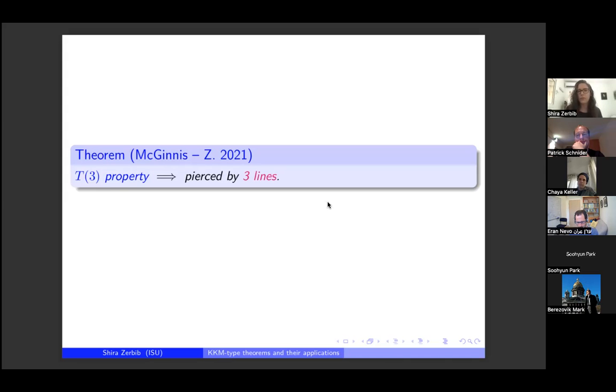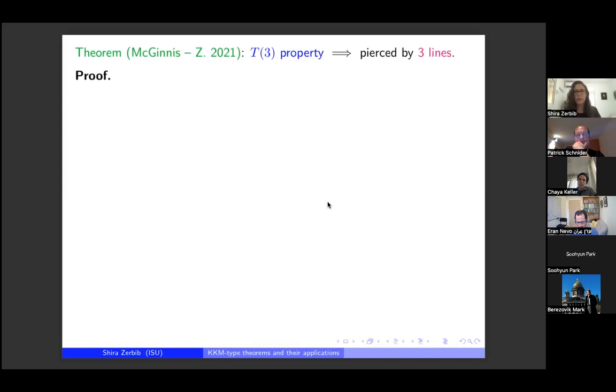All right, so the proof uses the KKM theorem. I want to give you the proof now. Let F be a finite family of compact connected sets in the plane with the T3 property.